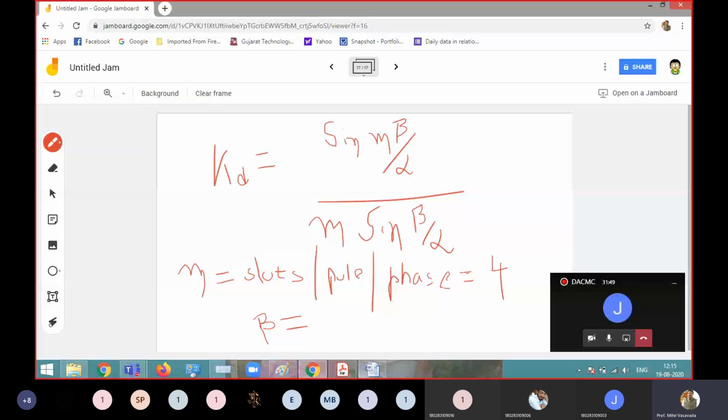Right, 180 upon m. Like here we write it for phase, so that there is no confusion with m. No, sorry. What is beta? If anybody can correct me, I have made one mistake. Correct it. Beta would be 60? No, 60 will not come. I have written the incorrect equation.